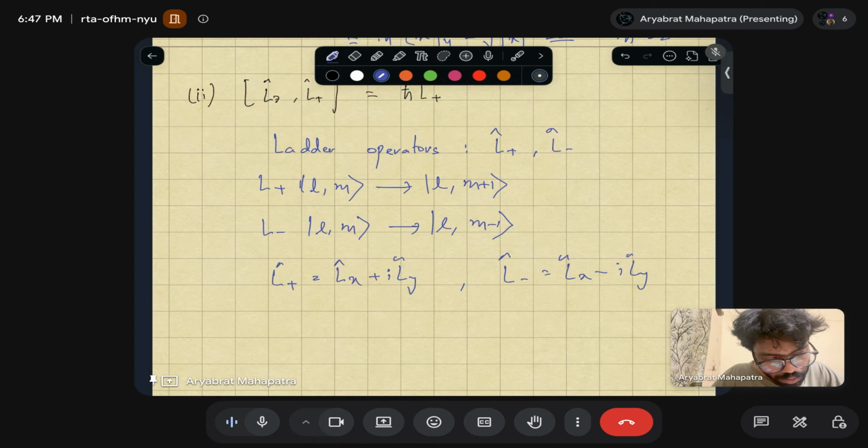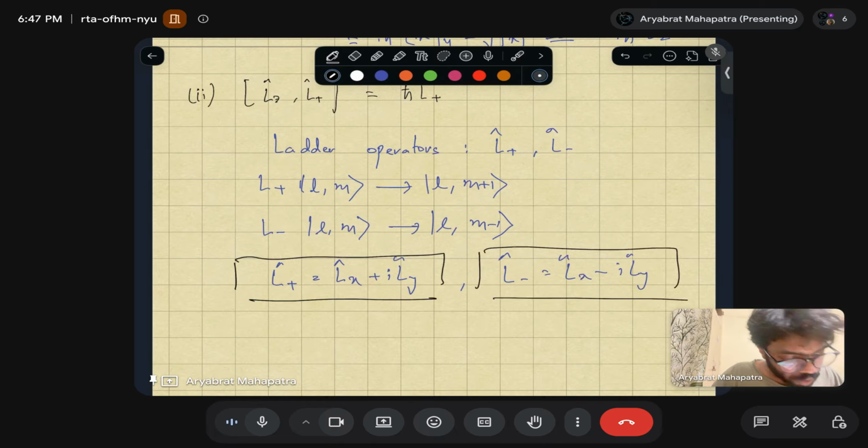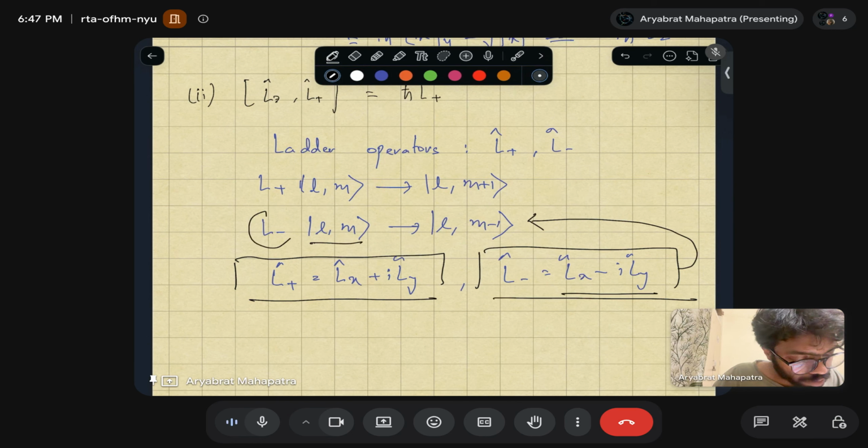Only if you define them this way can they do this lowering and raising job: L minus can only bring it down one step lower, and L plus can take L, M to L, M plus one.